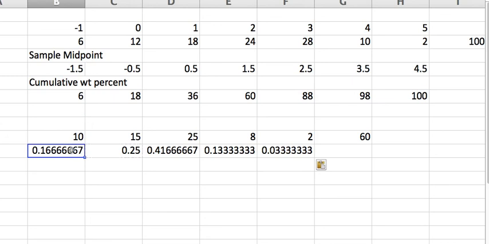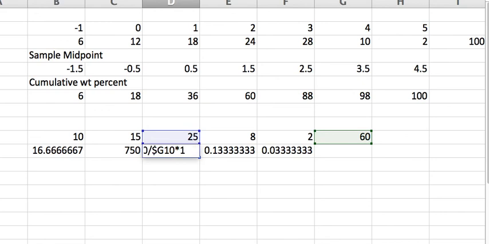If I take this here, I'm having to go off screen to do it, and multiply it by 100, I get 16%. If I take 0.25 and multiply it by 100, I get 25%, and so on. And if I go to my equation with the dollar sign and multiply that by 100, I can just copy it through.